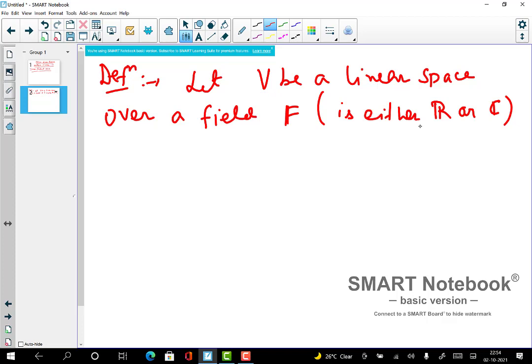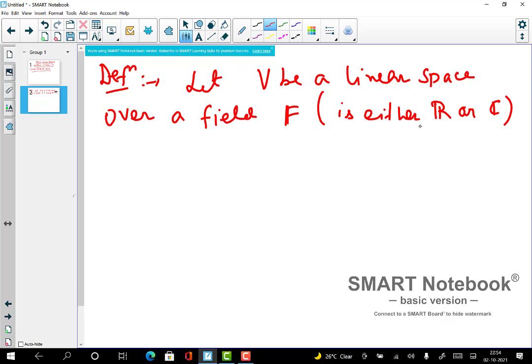So we will focus on only these two things. Okay. So for inner product, we only define for either real inner product space or complex. Okay. Suppose we have a field F which is either real or complex, and you have vector space V which is a space over this. Then we define a map.